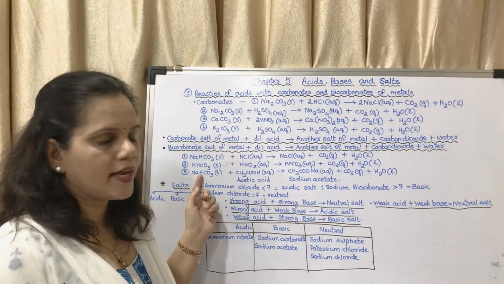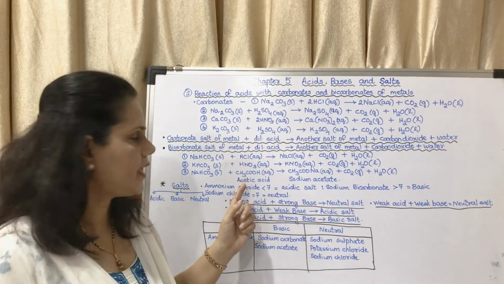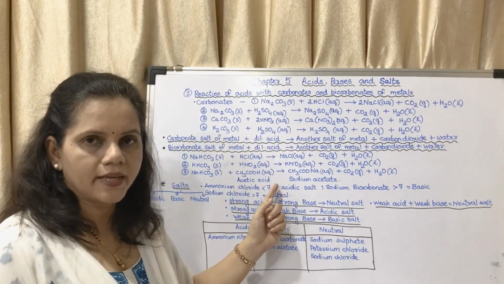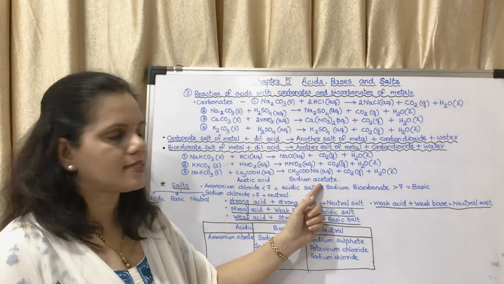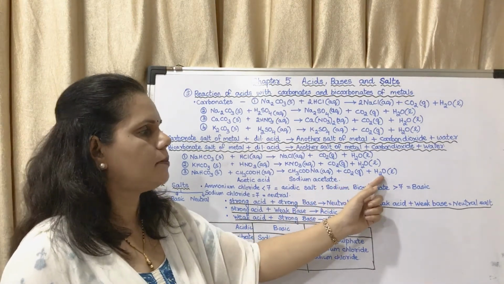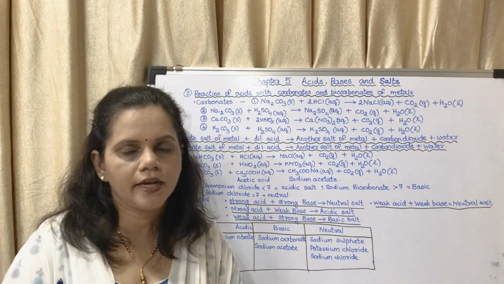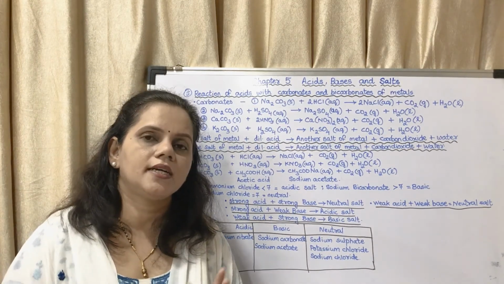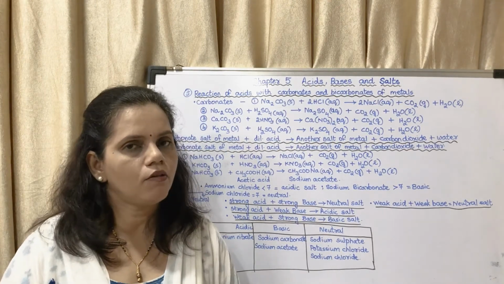Sodium bicarbonate plus acetic acid, that is CH3COOH, I have written the name here, you may write it in your textbook, will give you sodium acetate plus carbon dioxide plus water. So whether it is a carbonate or a bicarbonate, the products formed are another salt of the metal plus carbon dioxide plus water.